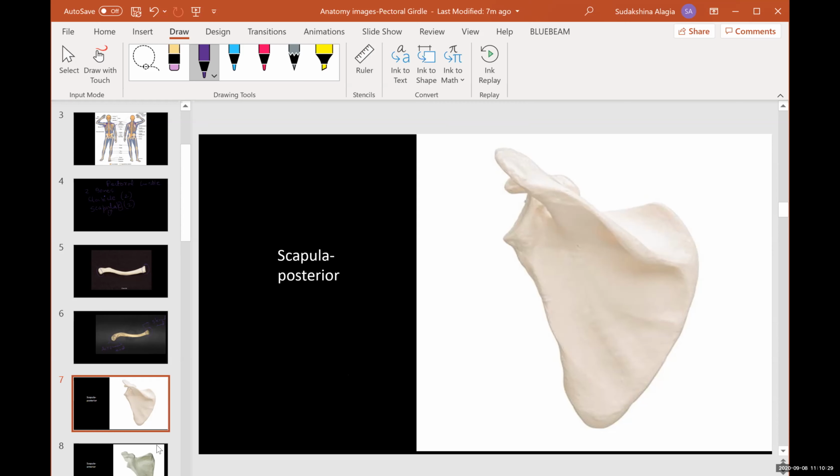You want to go through one area of the bone, especially for a long bone. Let's say you take the proximal end and you study everything, then the distal end, you study all of them together. For bones like the scapula, you also want to find at least one landmark feature which tells you which aspect of the bone you are looking at. Is it anterior or is it posterior?